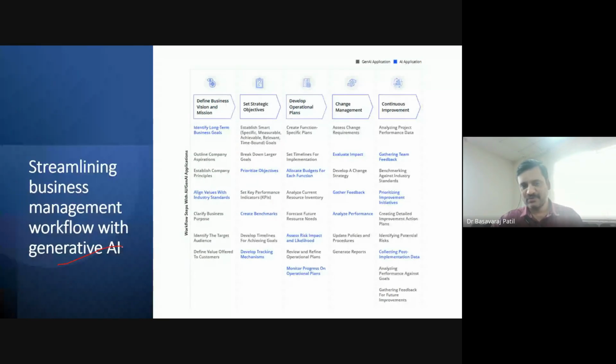These kinds of goals are to be set, and operations performed to develop, adapt to the changes which are required, and then regular, continuous improvement.